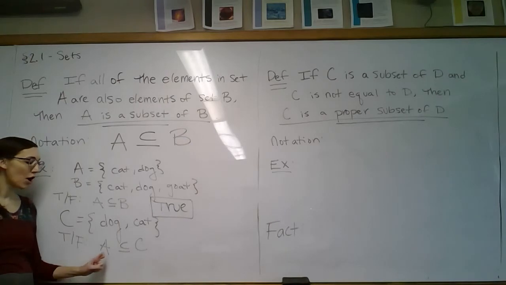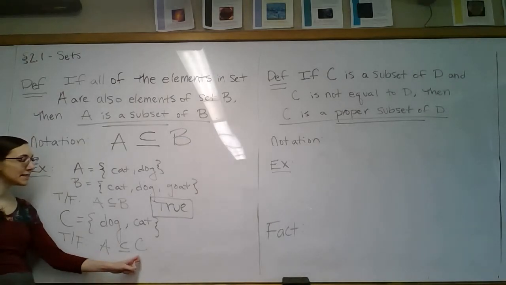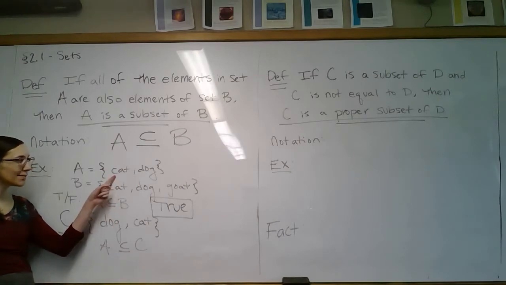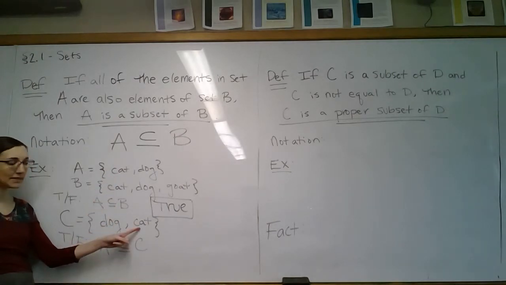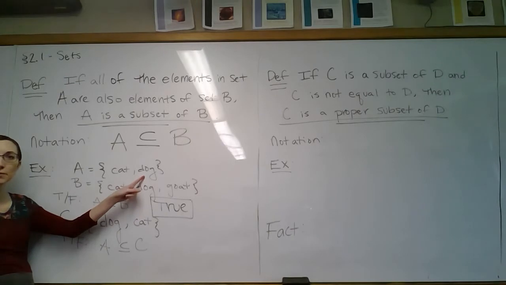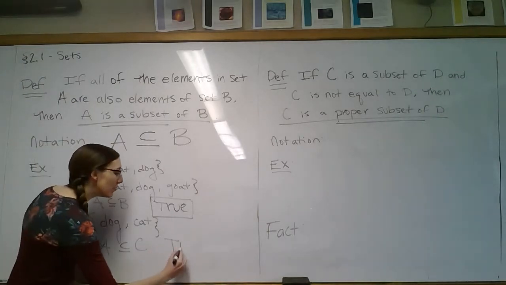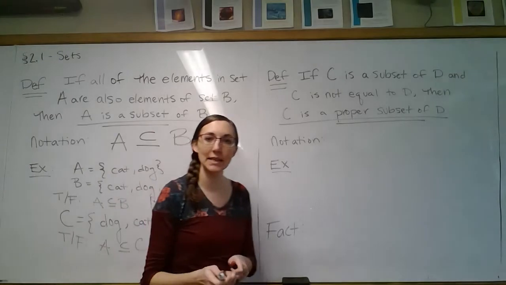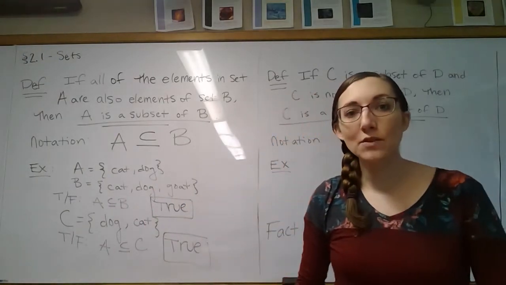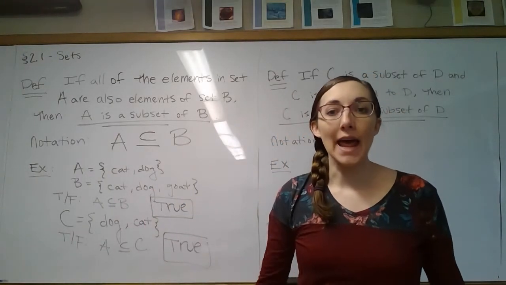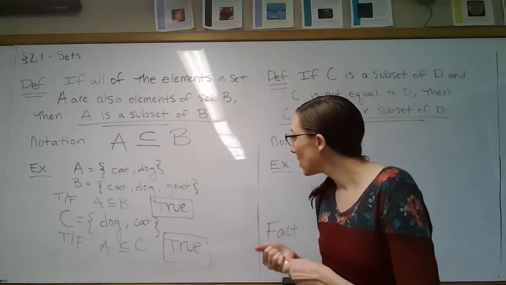It asks, are all of the elements of A also elements of C? Well, A has the element cat, that is an element of C, and A has the element dog, which also is an element of C. So yes, this would be true. It satisfies the definition. So indeed, we do have that A is a subset of C.